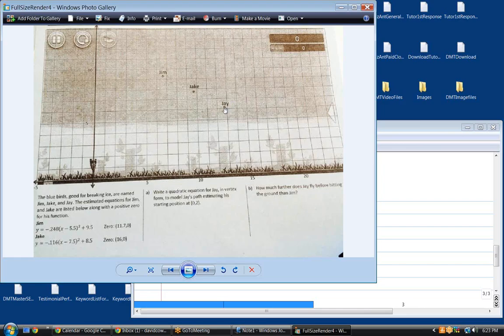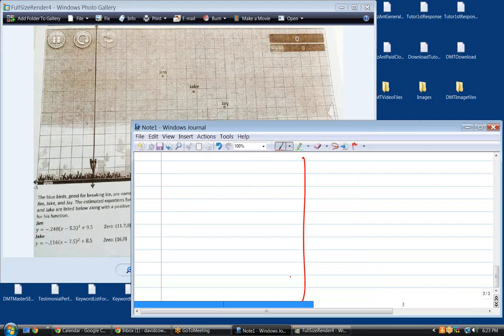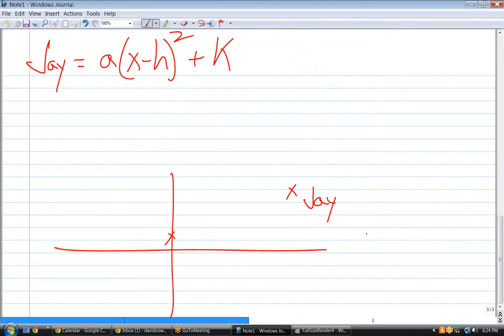Well, can't you find, like, the axis of symmetry? Only if I know something about that. In other words, here's what they're giving us. They're giving us the starting point of J, and they're giving us some point over there for J. Now, notice, I can draw all kinds of parabolas through those 2 points.